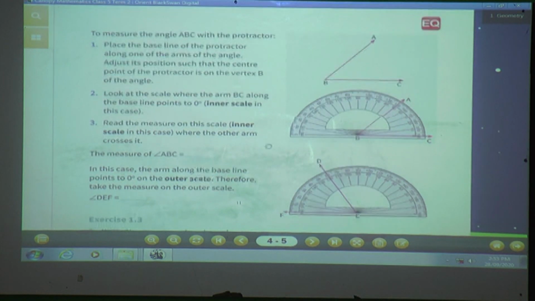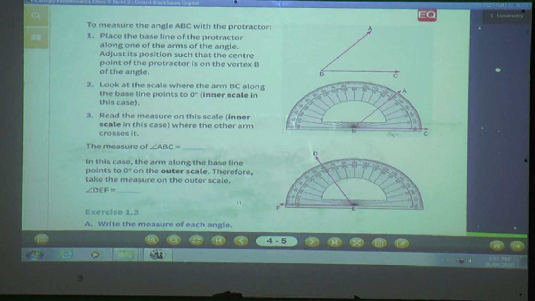Look at the scale where the arm BC along the baseline points to 0 degree. See, we have to measure on the inner scale here. See students, don't get confused while measuring the angle because here are two scales, one is an inner scale and the second one is an outer scale.